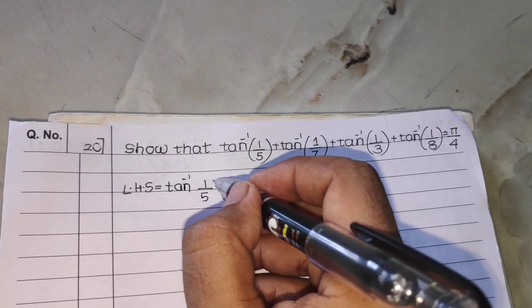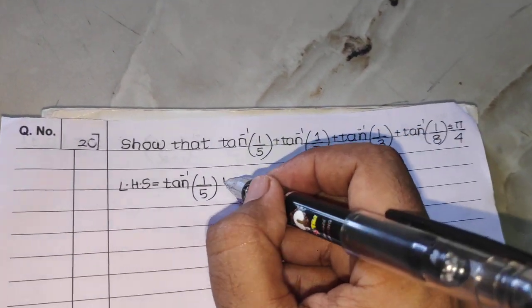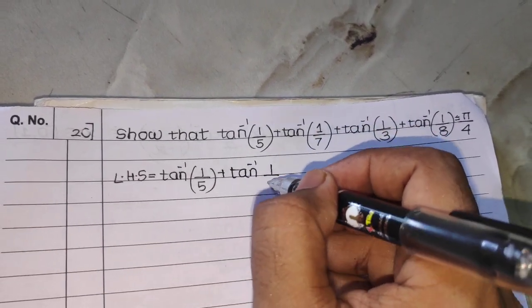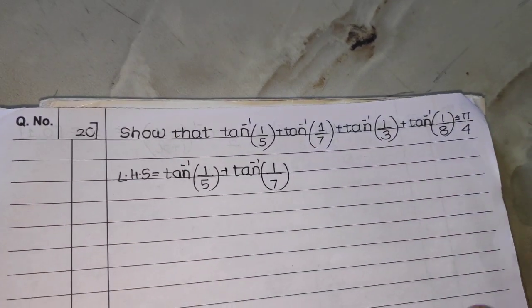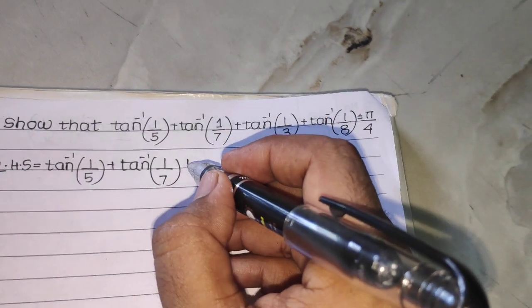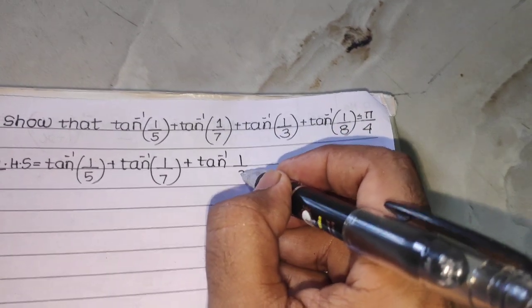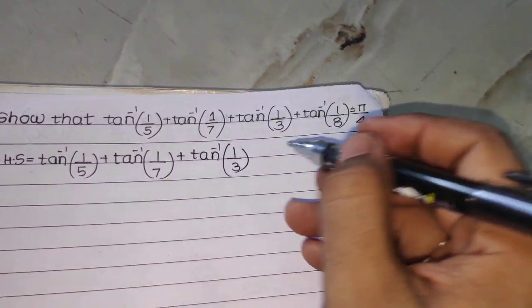Now tan inverse 1 by 5 plus tan inverse 1 by 7 plus tan inverse 1 by 3.